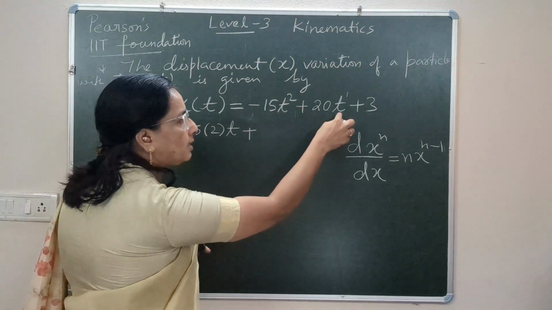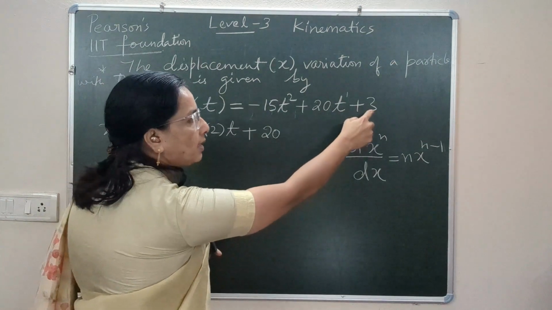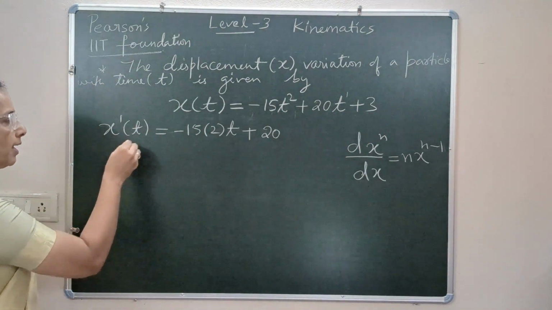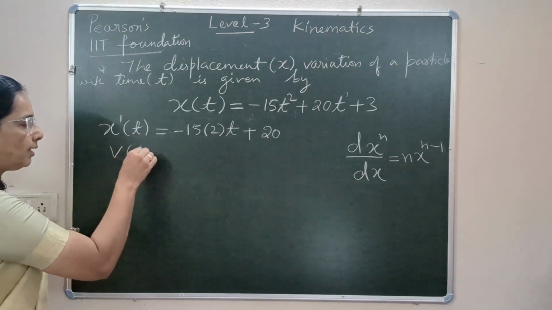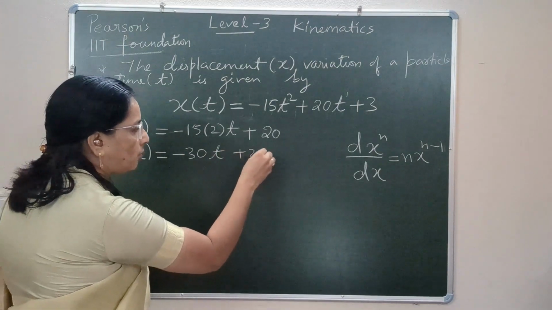Plus d by dt of 20t is 20, since dt by dt is 1, and d by dt of a constant is 0. So the first derivative of displacement is velocity. Velocity at time t is minus 30 t plus 20.